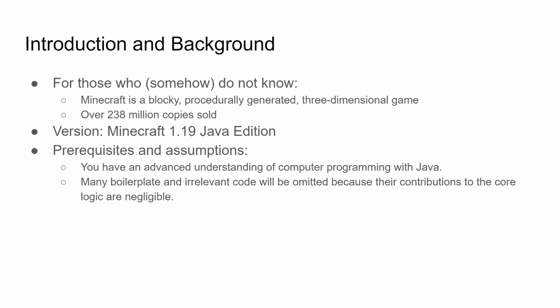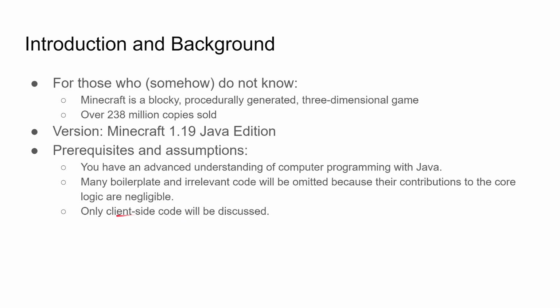Another thing is there are going to be many boilerplate codes. So like there's some things that are keeping track of internal stuff that Mojang uses and other things that are just irrelevant. And that's why we're going to omit these things. Because again, that will make this video like hours long if we keep that all in. And finally, only client-side code will be discussed because server-side is pretty much just all networking.